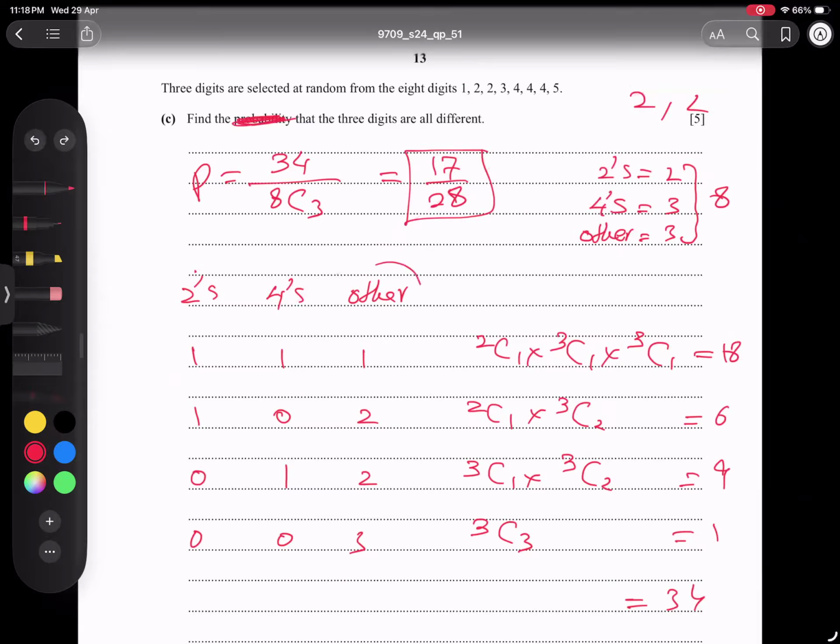I will just care about this one. I will not do these things. I think the idea is very clear. But when we have the probability word there, then we have to consider which 2 is coming out of 2. 1 I will take, 2C1. And which four will I take? So 3C1, because there are three fours.